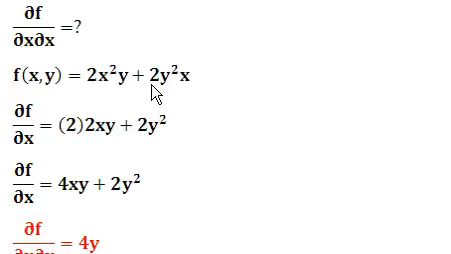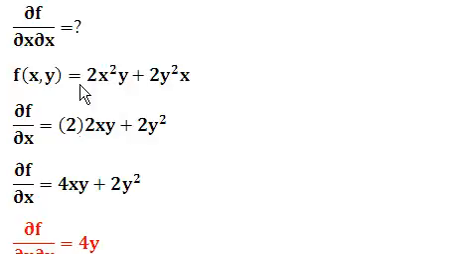And here's our f here. Now, because we're taking the derivative with respect to x, we're going to consider y to be a constant or a coefficient, however you want to look at it. And so you're going to look for x here, and take the derivative, for example, of x squared.